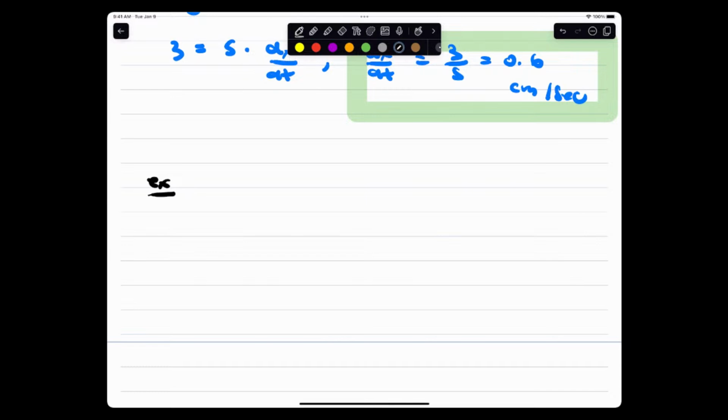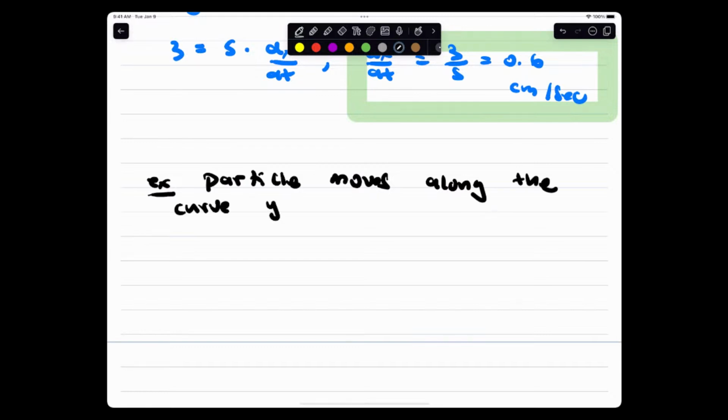Another example. A particle moves along the curve again. Oh, wonderful. This time it's a nice square root curve.